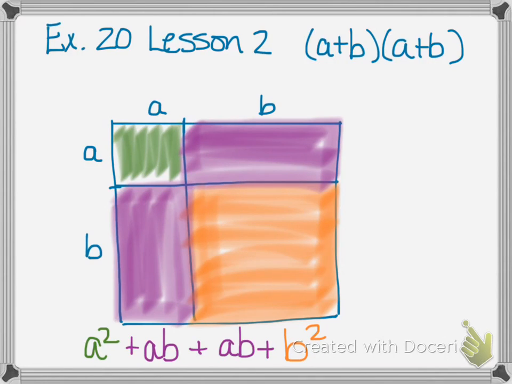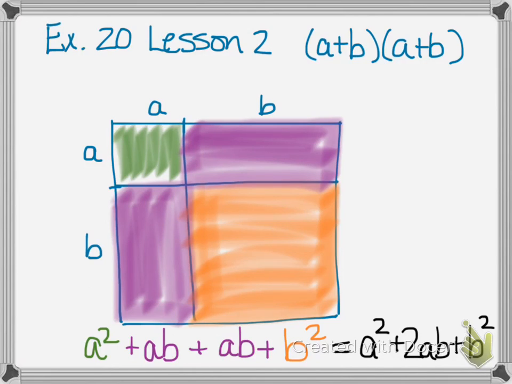Okay, so now I've got this expression down here, but I can simplify it a little bit more because I can combine the two ab's. So now I have a squared, which came from here. ab plus ab is 2ab. And then I have plus b squared.